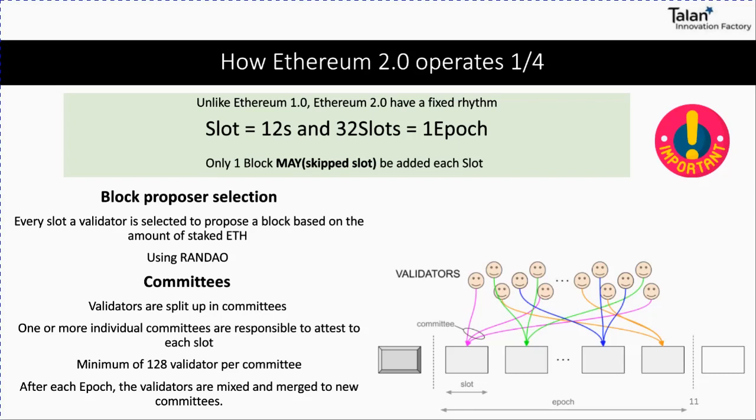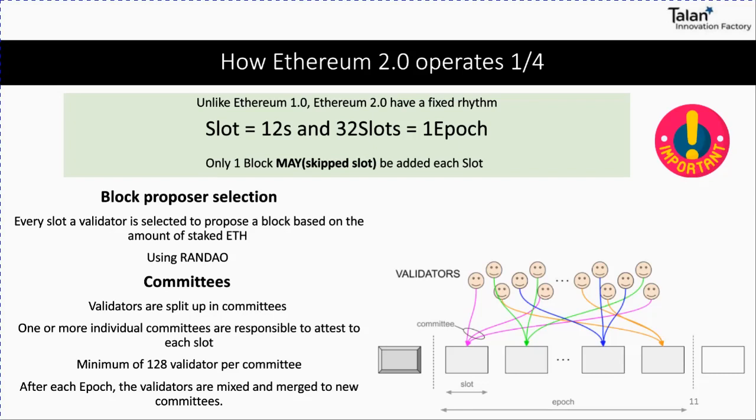Then we have the committees. So we have here this epoch, which is the equivalent of 32 slots, and we have one slot that will contain one block. The idea here is that the totality of the validators will be split into committees, which are working groups.